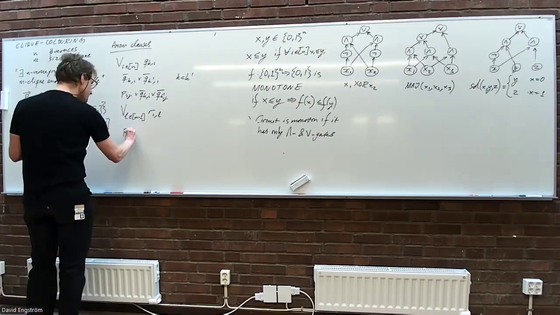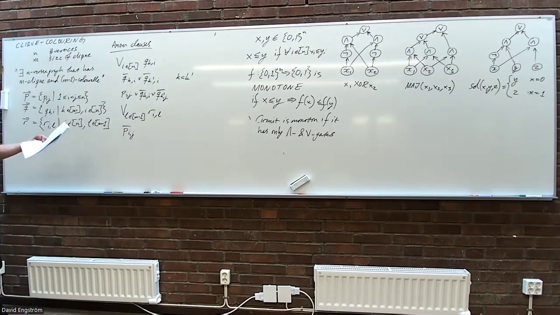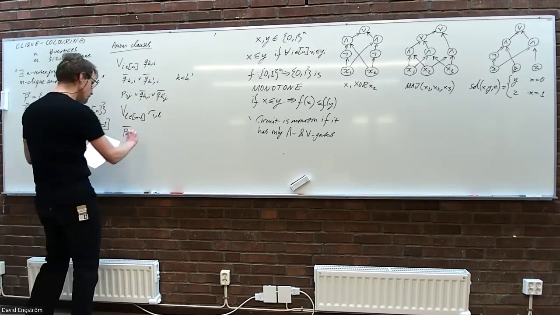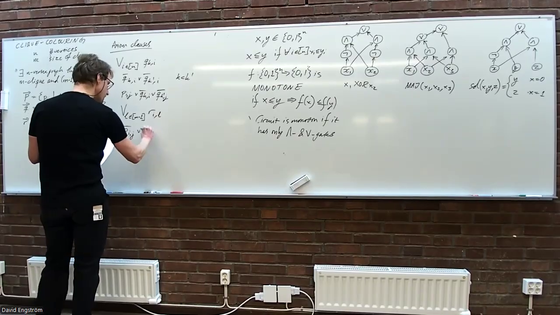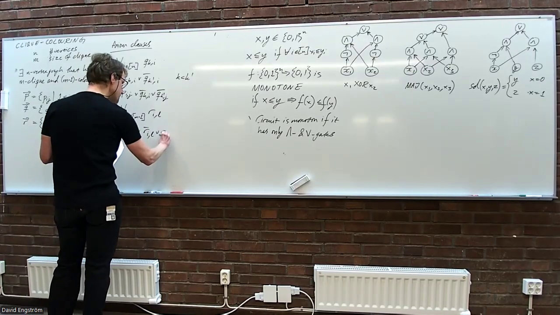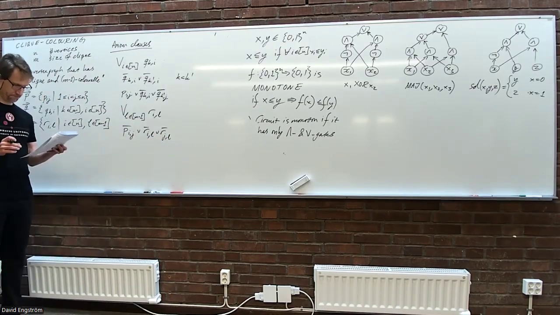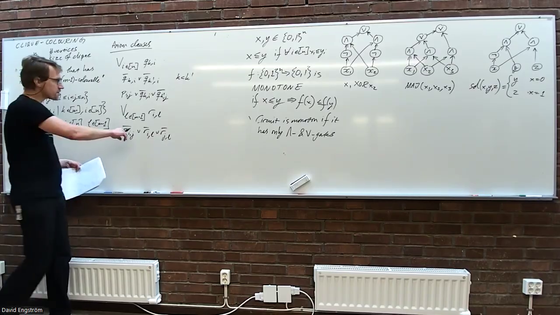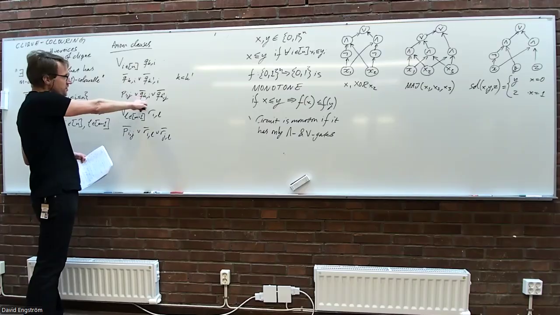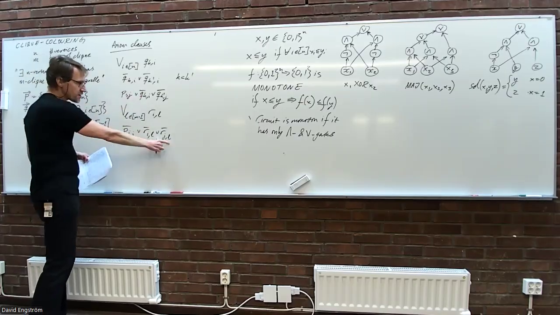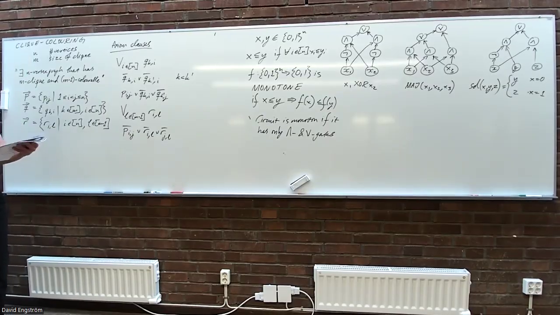And then finally, I say, well, if ij is an edge, so if Pij is true, then it can't be the case that i and j both have the same color. So vertices in a clique are neighbors, vertices with the same color are not neighbors. That's the formula we're going to work on.